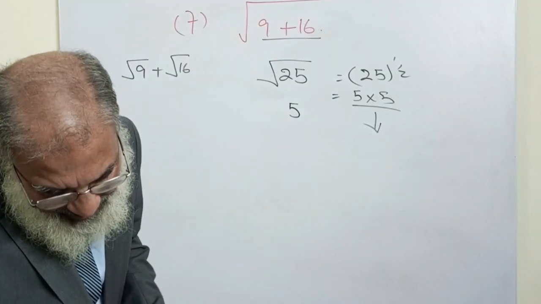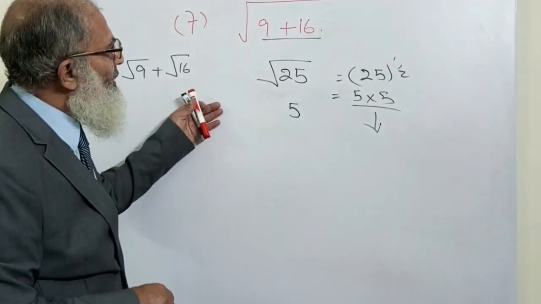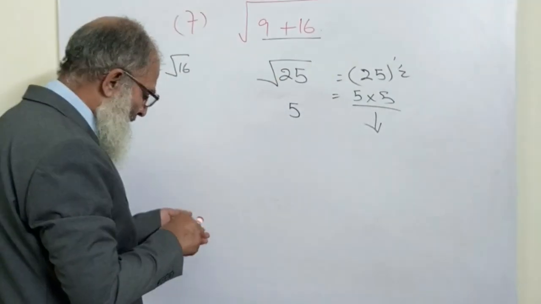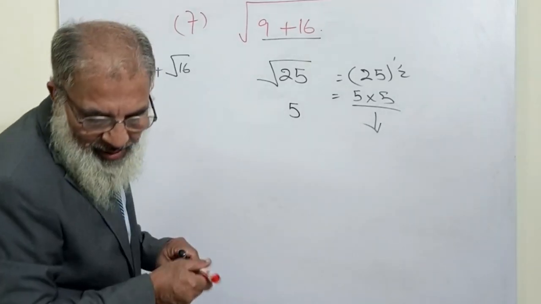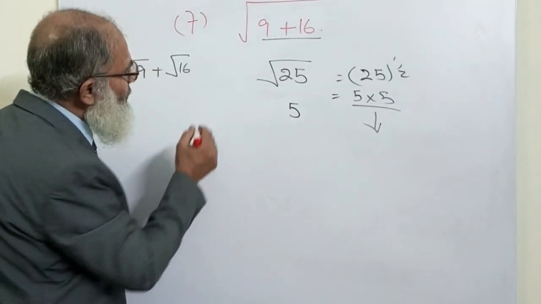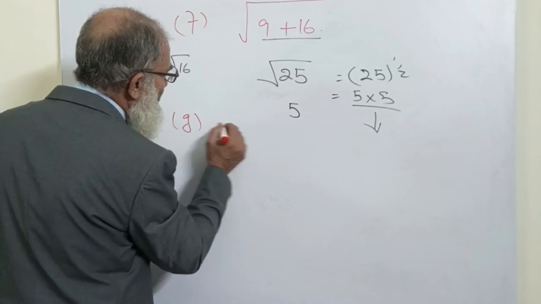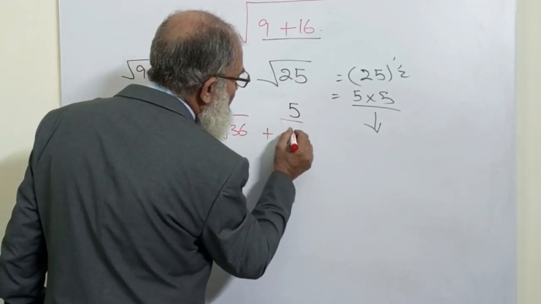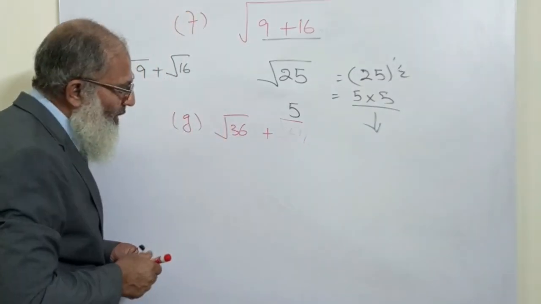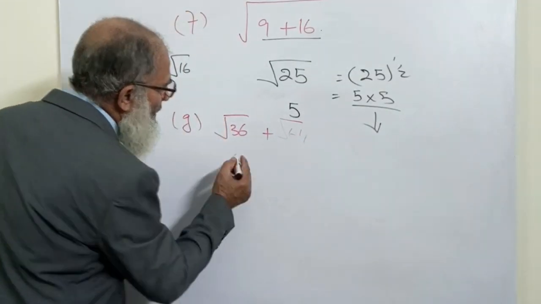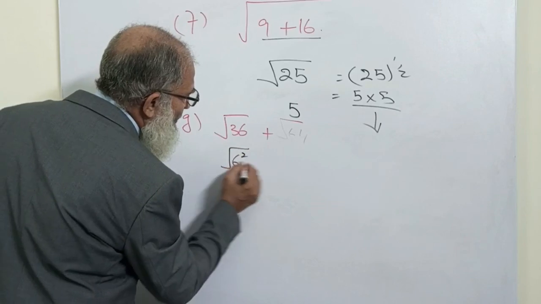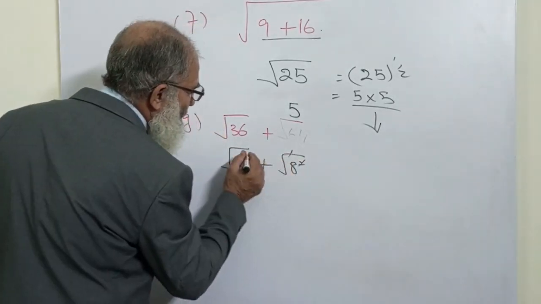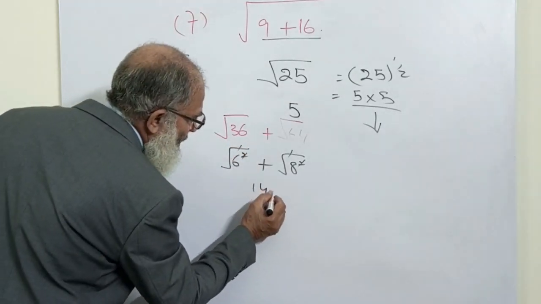Similarly, there are two questions I had, G and H. They're the same thing like this, and the numbers are 36 and 64. Part G, 36 plus 64. Now what happens here? This is a square and this is again a square number. This goes with this, goes with this. Answer is 40.